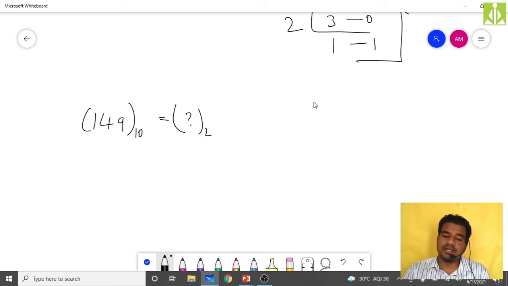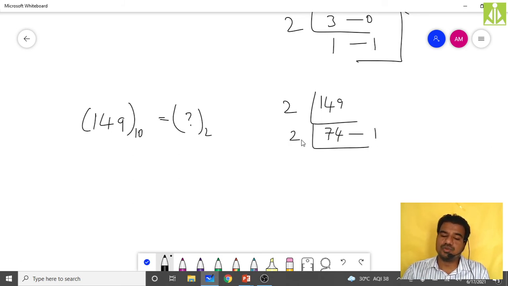Take 149 and start dividing by 2. In every step write down the remainder. 2 74s, 148, isn't it? 2 74s, 148. So the remainder is 1. Then 2 37s, 74. Okay, 2 37s, 74. So the remainder is 0.